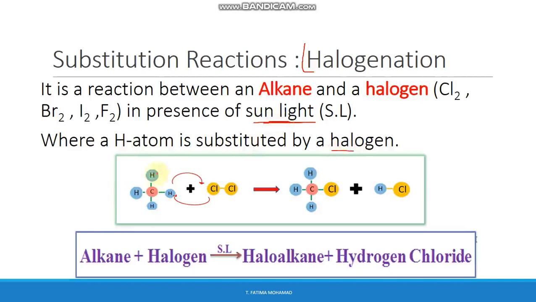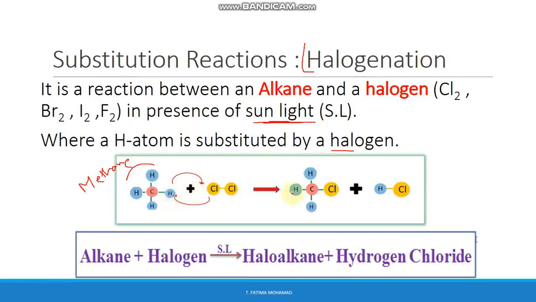For example, here we have an alkane, which is what? Methane. CH4. So what happens? As you can see here, the H is substituted by what? By the chlorine, and the other chlorine would take the H that is substituted by the chlorine.